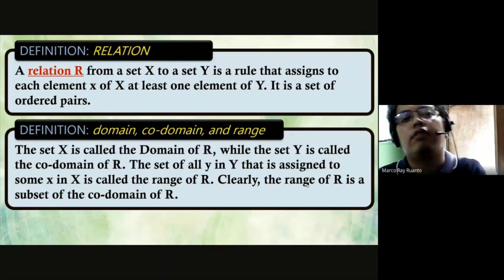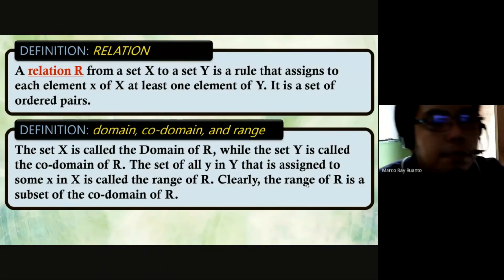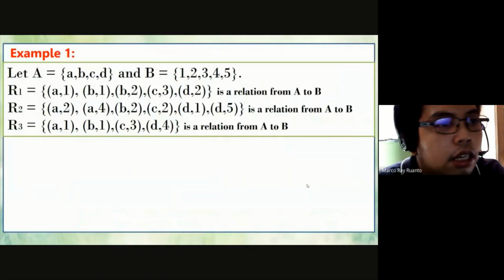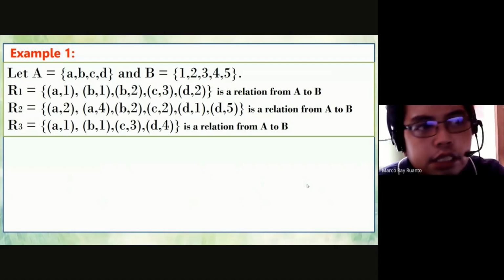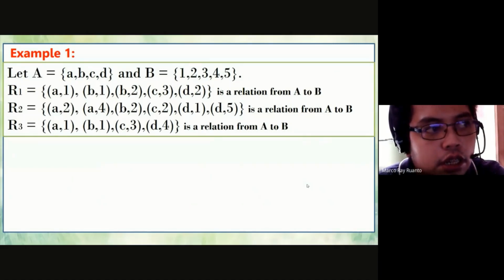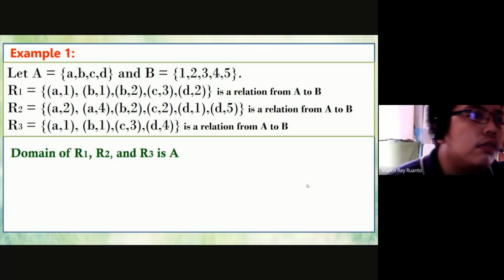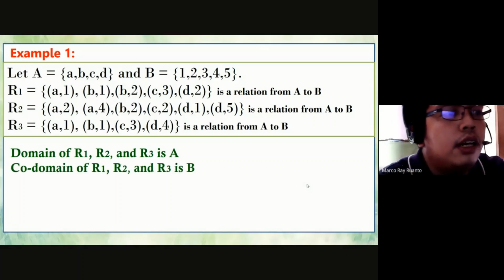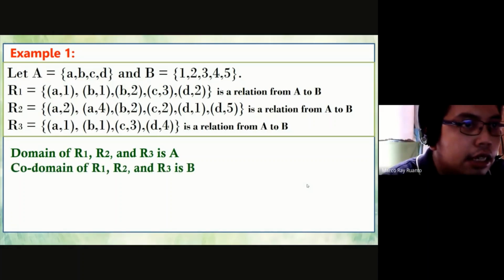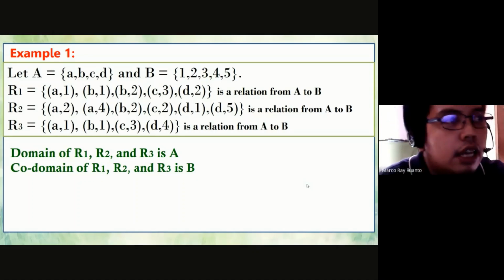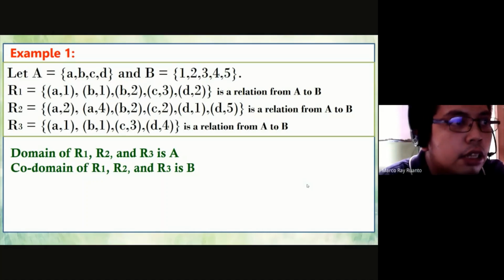So let's say, for example, let me illustrate that in the previous example. For these three relations, R1, R2, R3, A is the domain, while B is the codomain.